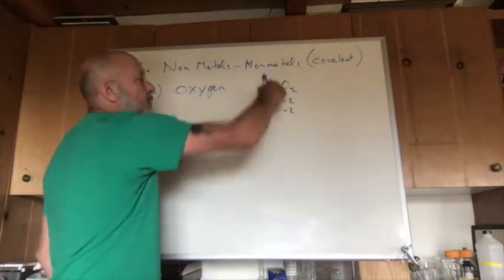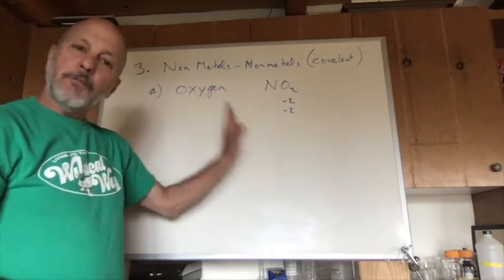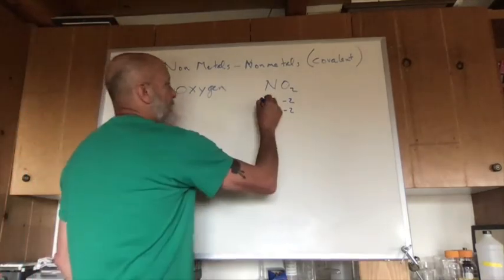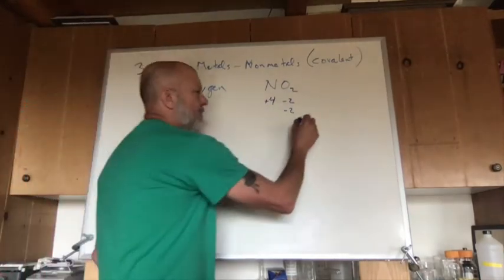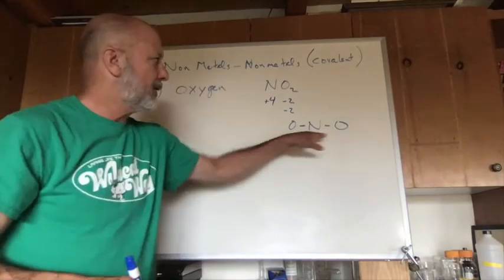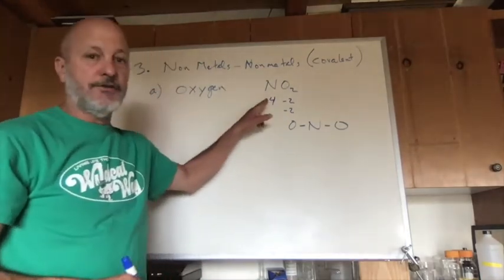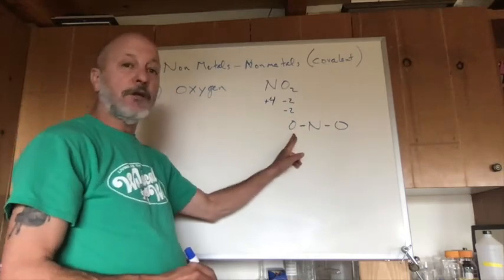Because this is a neutral nitrogen dioxide compound, the oxidation states must add up to be neutral. So we say it has a +4 oxidation state. Note that without doing the full Lewis, this is a neutral, covalently bonded compound. Those are not charges. It doesn't mean the nitrogen has a +4 charge. Oxygen does not have a -2 charge.